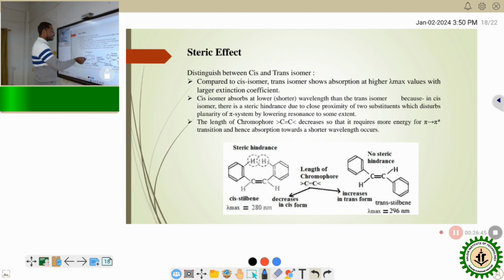But in the cis isomer, due to steric repulsion, steric hindrance, planarity is lost, and it absorbs at 280 nanometer, whereas the trans isomer absorbs at 296 nanometer. So we can also distinguish between cis and trans isomers.